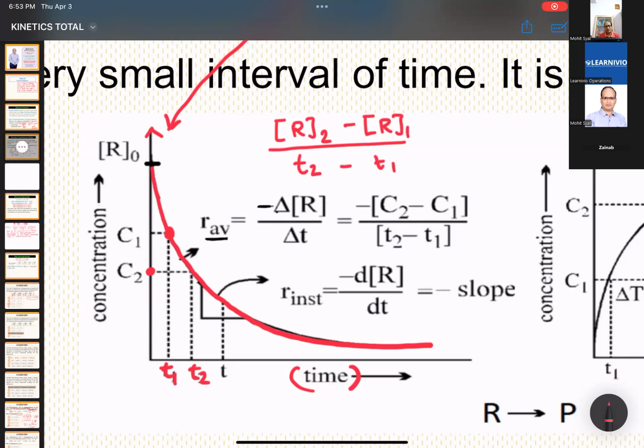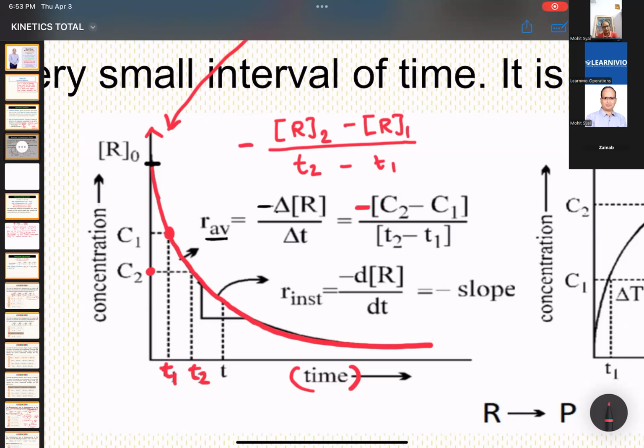This is going to be negative because it is a reactant. Rate is always positive, so the sign is just symbolic. Either you write the positive value, or if you use final minus initial and it comes out negative, put a negative sign to make it positive. For reactant you need the negative sign.